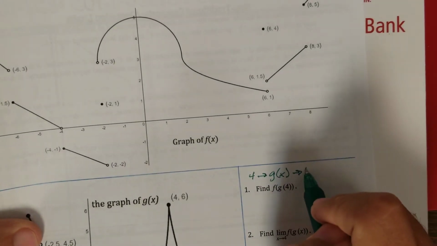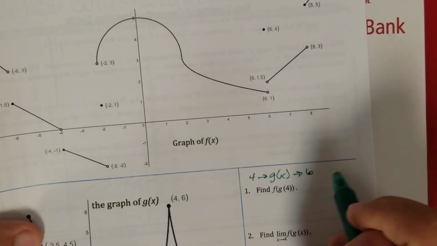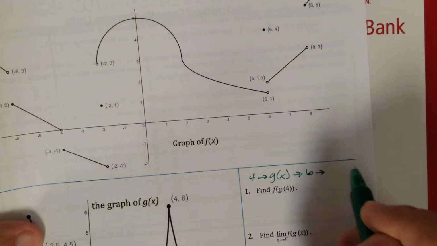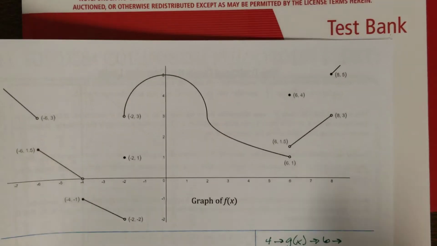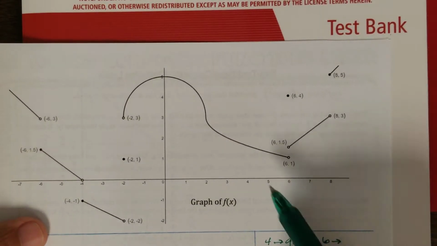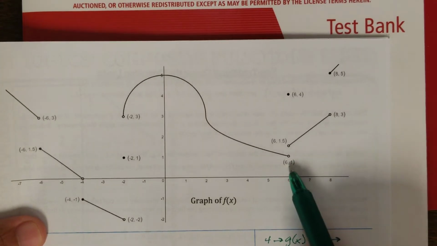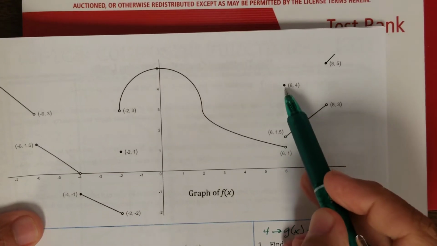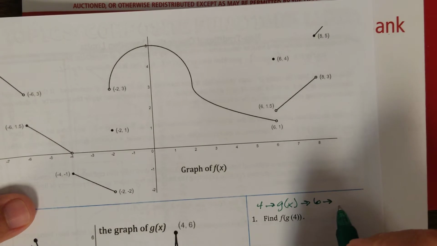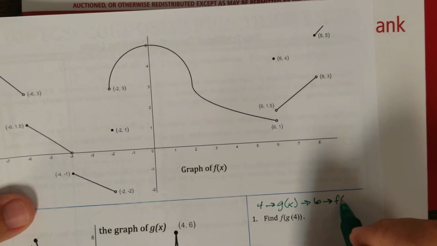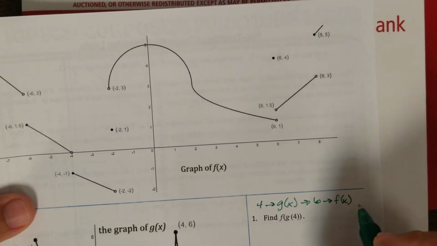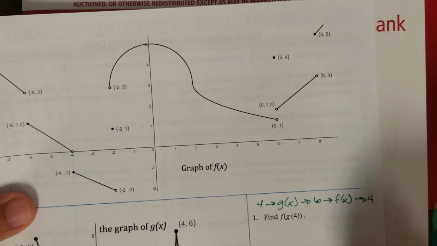Okay, so 6 is my output. Now that output becomes my input for the f function. So when I plug in a 6 here, I've got a hole, and I get 4. So that goes into the f function, and I get 4.